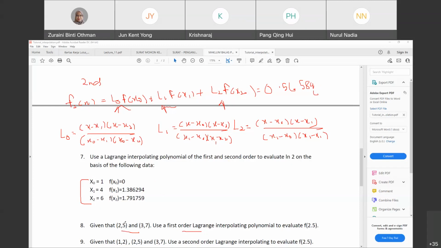Guna point yang ni, which is this is your X, this is your Fx0, X, Fx1. Okay. Then yang ni pun lebih kurang sama, which is second order. Guna je ketiga-tiga ni, cari L0, L1, L2. Okay, saya bagi jawapan akhir. Untuk nombor 8, jawapan akhir dia ialah 6. And nombor 9, jawapan akhir dia ialah 6.125.